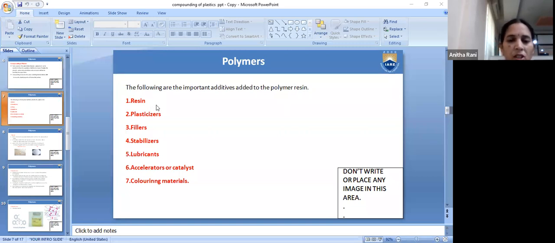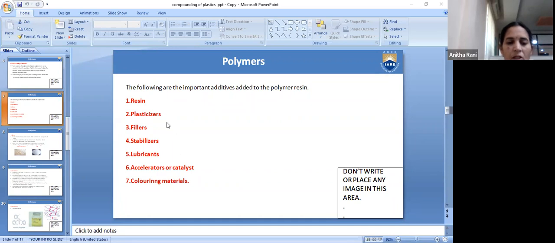Okay, ma. The following are the important additives or ingredients added to the polymer resin. So we are taking a resin first. Polymer we are taking, ma. For example, you are taking polyvinyl chloride. To this polyvinyl chloride, we are going to add plasticizers, fillers, stabilizers, lubricants, accelerators or catalyst, coloring materials.